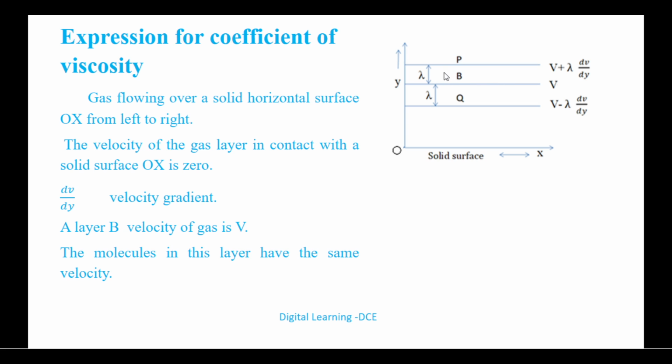P is at distance lambda and Q is also at a distance lambda from the layer B. Here lambda represents the mean free path of the gas molecules. We are considering two layers P and Q on either side of the layer B, at equal distance from B, and that distance is equal to the mean free path.